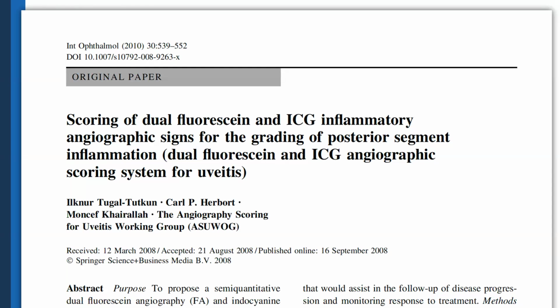It's the scoring of fluorescein and ICG inflammatory angiographic signs for grading of posterior segment inflammation, published by the Angiography Scoring for Uveitis Working Group. This paper really set the tone for how we grade ocular inflammation across our clinical practice and even for research purposes.